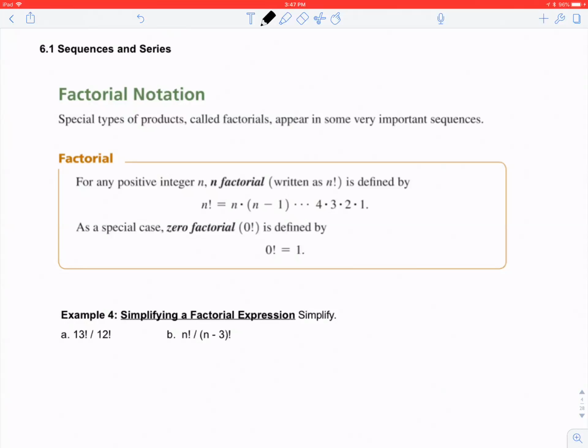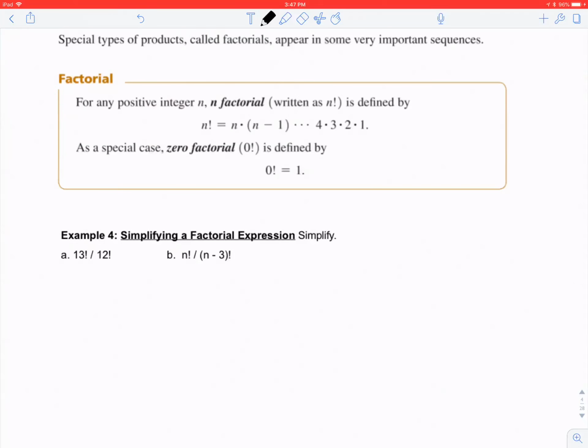So, factorial notation. For any positive integer n, n factorial, written as n exclamation mark, is defined by n times the previous, times the one before that, times the one before that, and keep that pattern until you get down to 1. Okay? And as a special case, 0 factorial is defined to be 1. So we're asked to simplify.